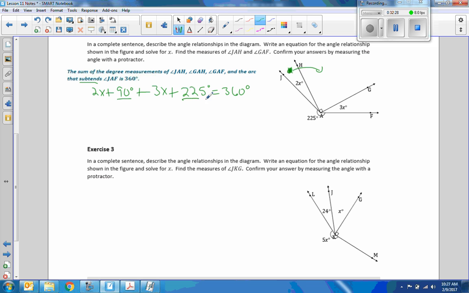If I combine my like terms, I have constants and I have variables. So 2x plus 3x is 5x, and 90 plus 225 is 315, equals 360 degrees. I'm trying to get x by itself, so I'm going to subtract first. Subtract 315 degrees from both sides.